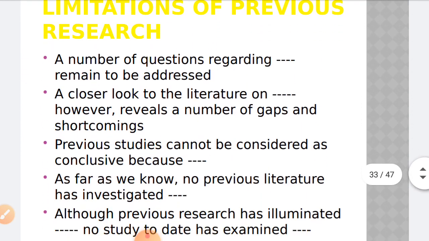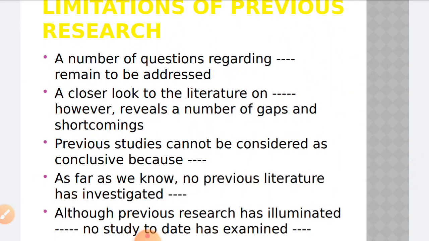For limitations of previous research, we may use sentences like a number of questions regarding so and so remain to be addressed. A closer look to the literature on so and so, however, reveals a number of gaps and shortcomings. Previous studies cannot be considered as conclusive because of the reasons that you state.